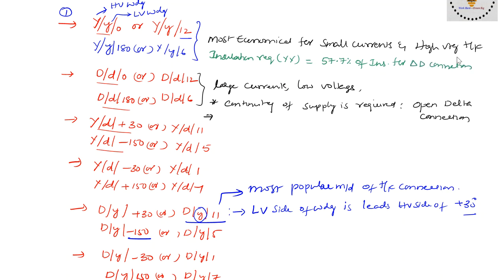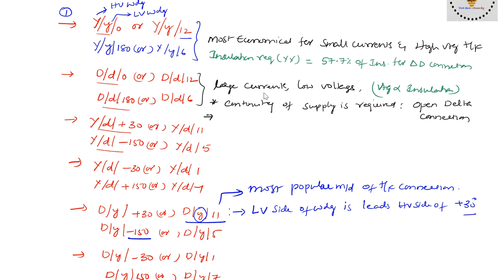The meaning of this is that the insulation requirement in star star connection is very low, only 57% when compared to delta delta connection. That is the reason we go for low voltage: voltage is proportional to insulation, so low voltage means the insulation requirement should be low.